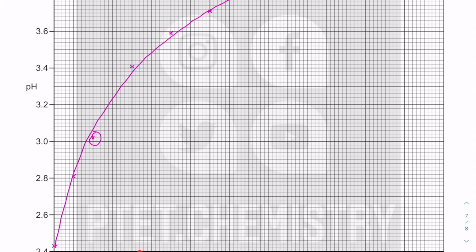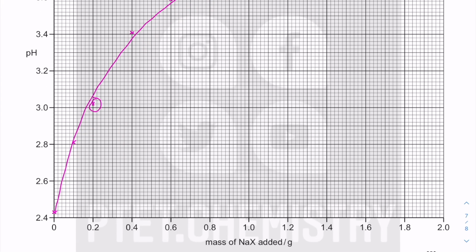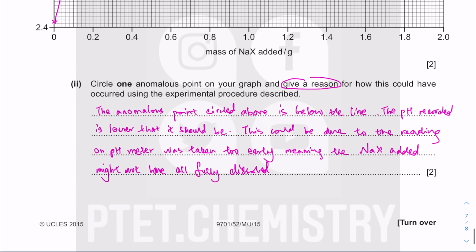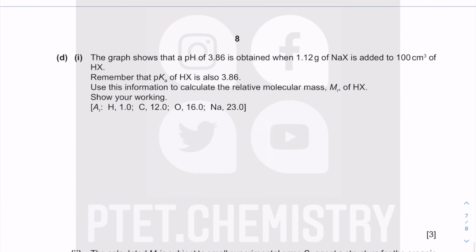So perhaps you added 0.44, which gave you a higher pH reading, when in reality you should have added 0.4 and got this pH instead. So I guess too much or too little of the NaX added could have affected whether your anomalous point comes above or below the line shown on the curve. All right, so a bit of thinking there, I guess. All right. More calculations now.